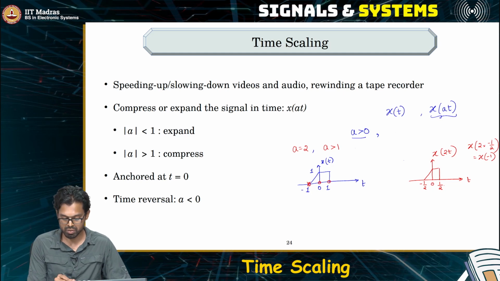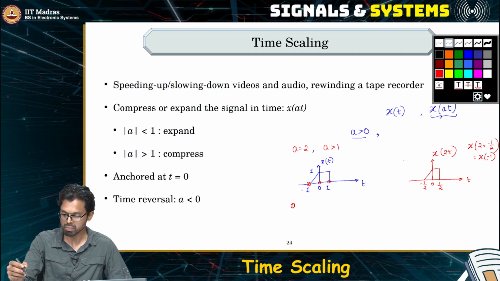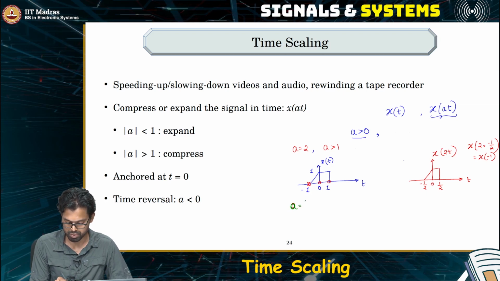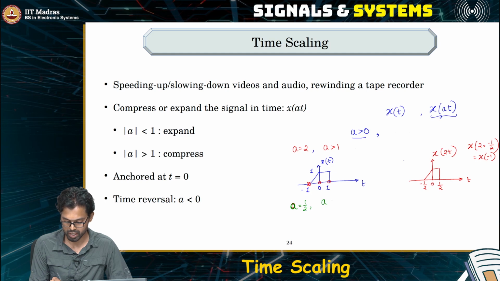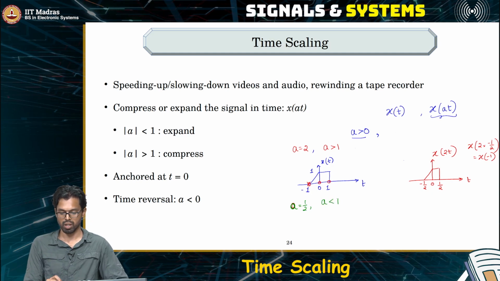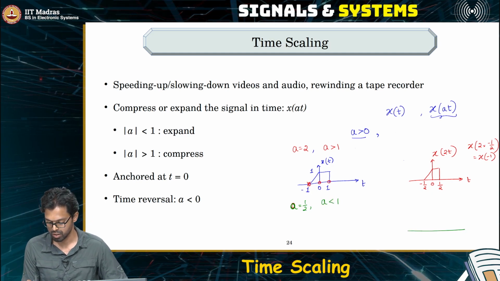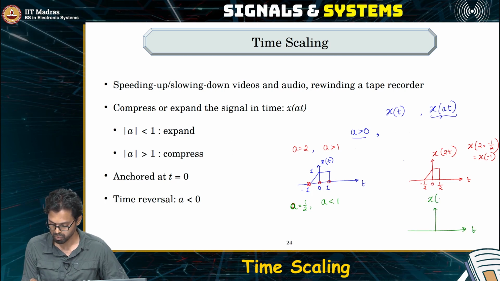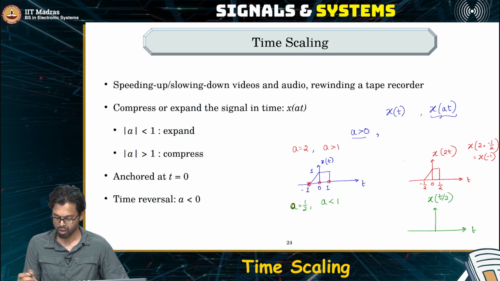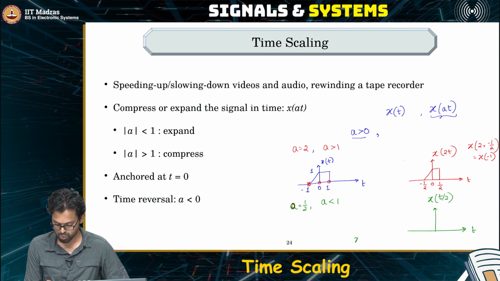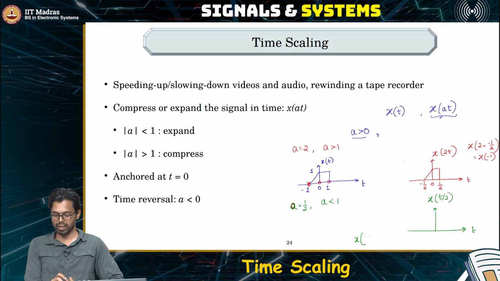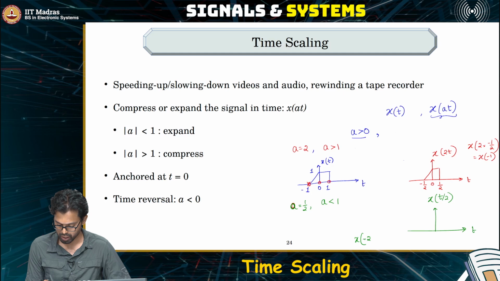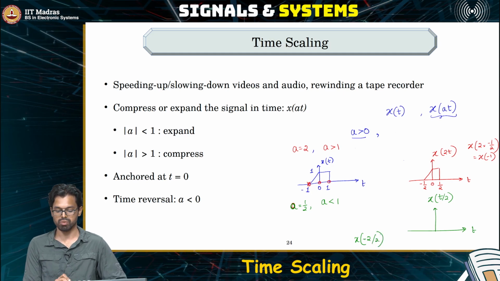Now let's see what happens when a is equal to half. In this case, a is less than 1 and still positive. So what happens to this signal? When t is equal to minus 2, we have minus 2 divided by 2, which is x of minus 1.